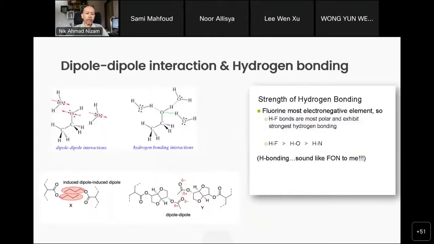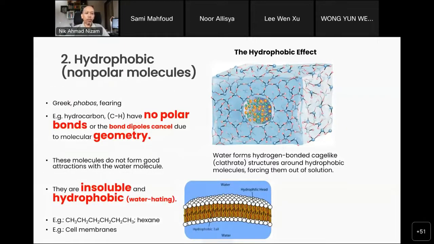Now hydrophobic is non-polar molecules. Okay. So both words come from Greek words, meaning fearing. So if it fears the water, it will not love the water, and it will not attract with the water. So hydro is water.